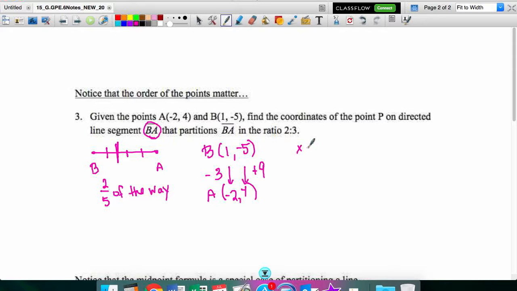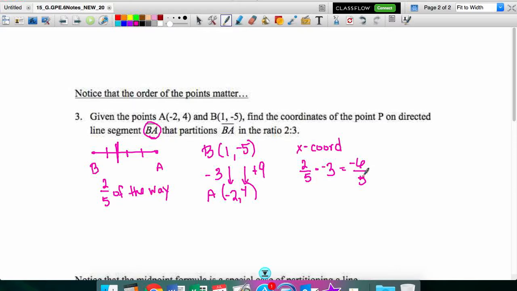In our last step to finding our new coordinate, we're going to multiply the fraction, 2/5, times the entire length. So for our x's, that's going to be -3. 2/5 times -3 will be -6/5. So this is going to be the physical distance that we want to move.